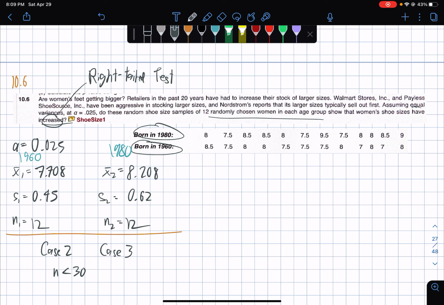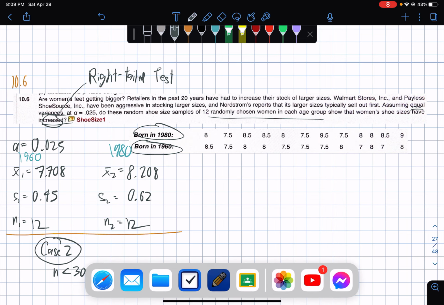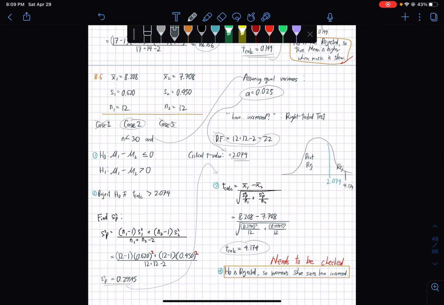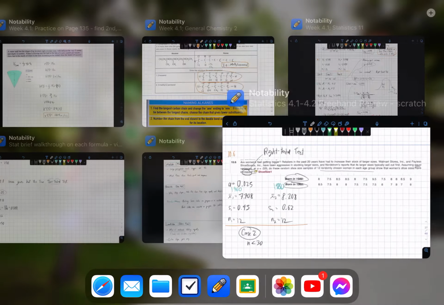But it says assuming equal variances, so I think that's case 2. Case 2 wins. And besides, I think they're not significantly far from each other. So case 3, dump that. We use case 2. Let me double check if I use the same case in this one. Yeah, we'll be using case 2.